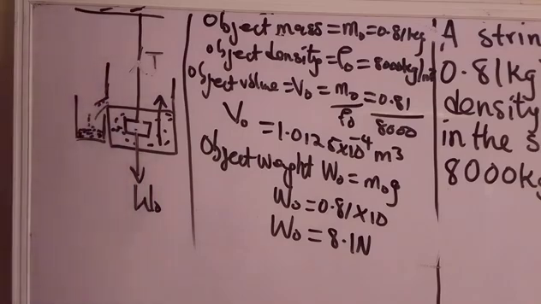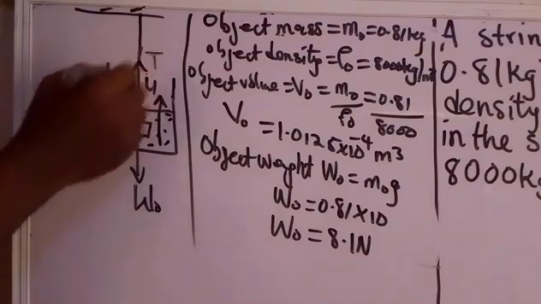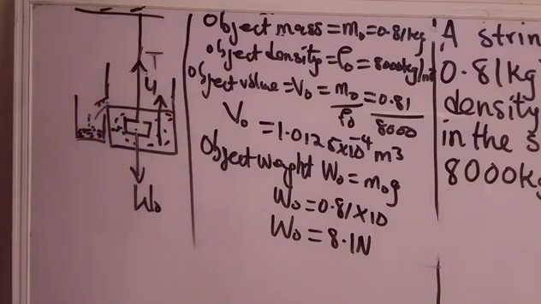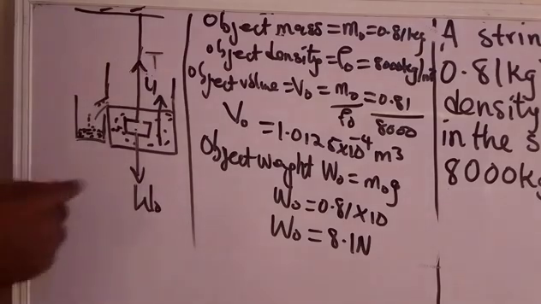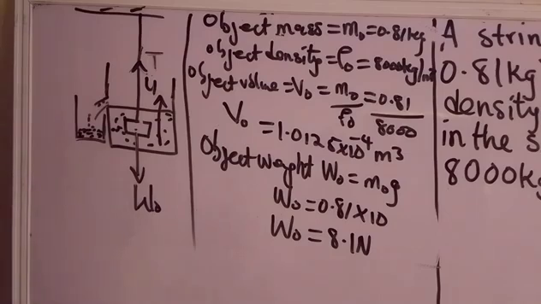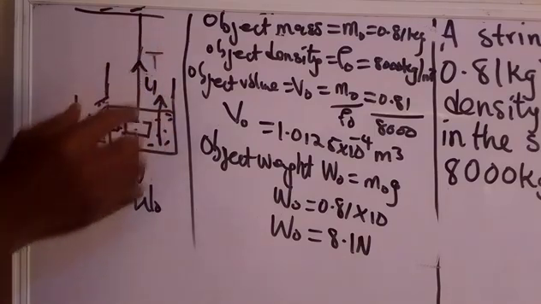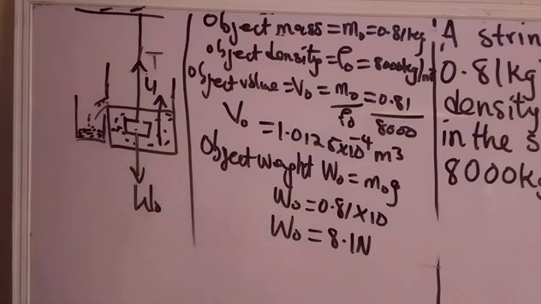Of course, its direction is upward as well. So you watch here, there are two forces acting up, the tension up and the upthrust up, and only one force is acting down, which is weight of the object. So it's easy to say at equilibrium, total forces acting up, which is tension plus upthrust, must be equal to the weight of the object.